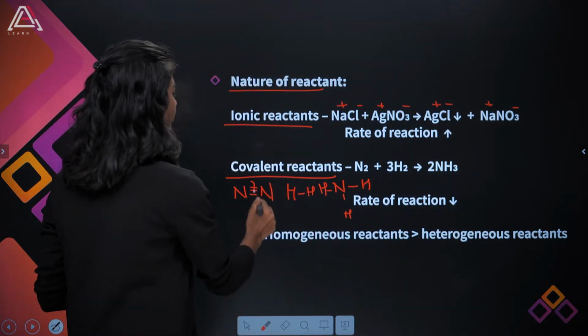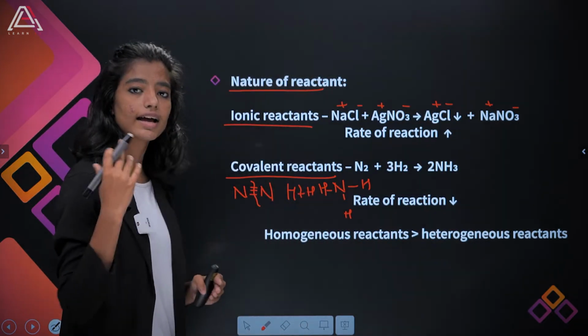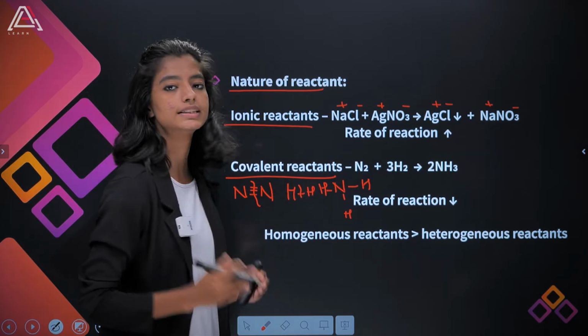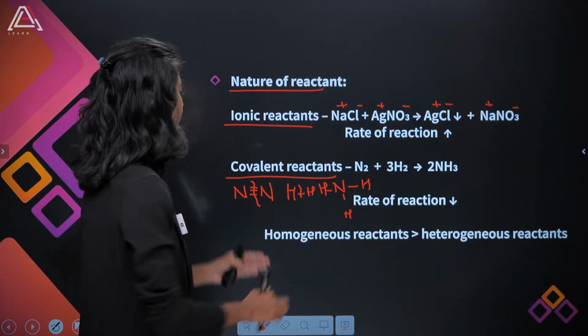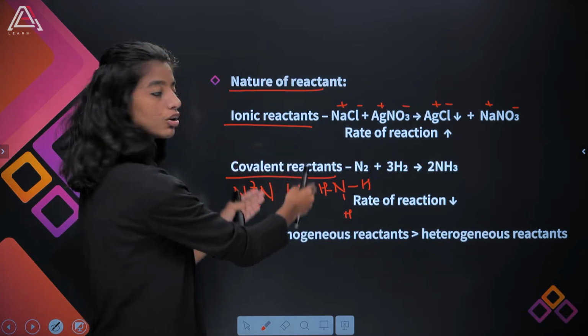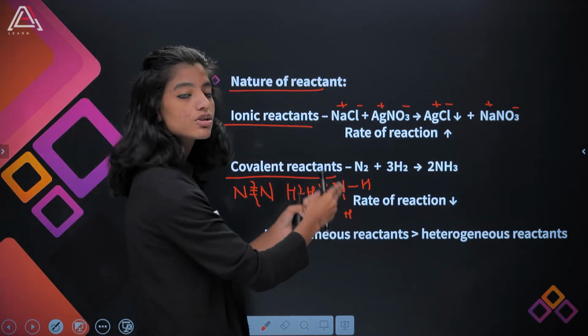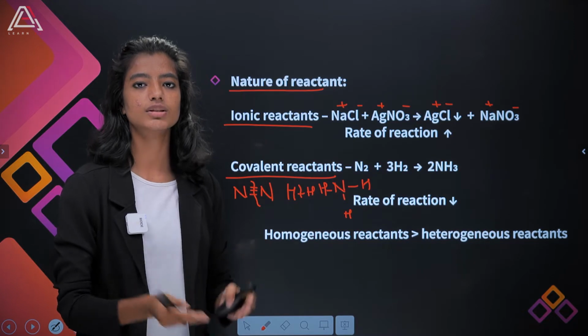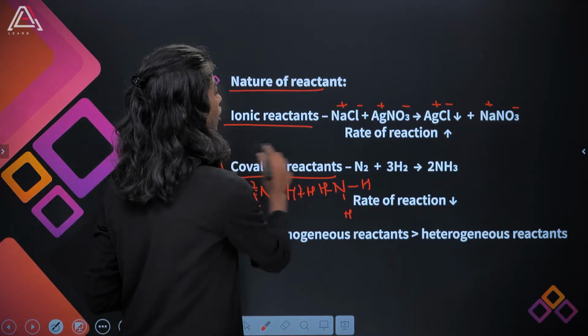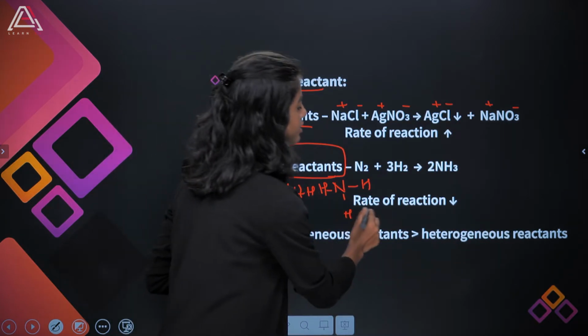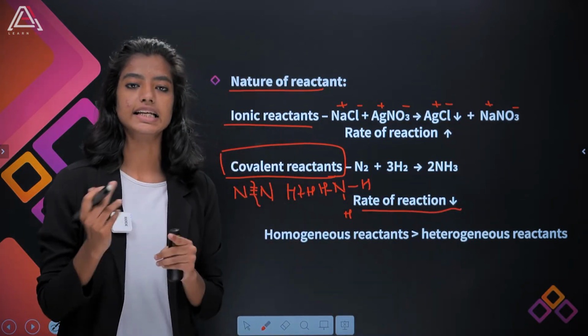So, in order to break these bonds and also to form new bonds, they require more time and more energy. Hence, if the reaction contains covalent reactants, the rate or the speed of chemical reaction decreases. If the chemical reaction has covalent reactants, the rate of a chemical reaction decreases.